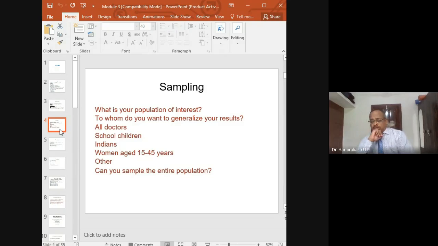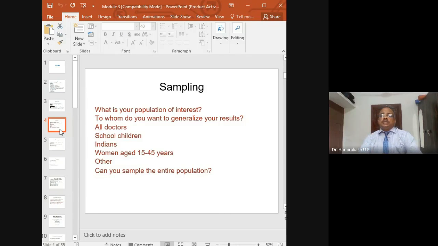Maybe all doctors. Suppose you want to know how the COVID treatment is for patients who are infected with COVID-19. How does the doctor prescribe, or how does a doctor do teleconsultation? You want to make a study, which is a very interesting area now.